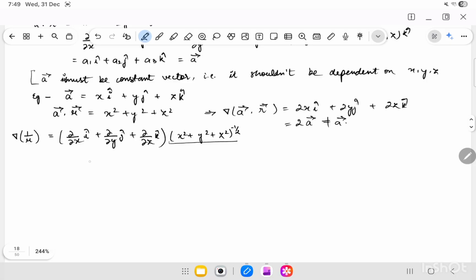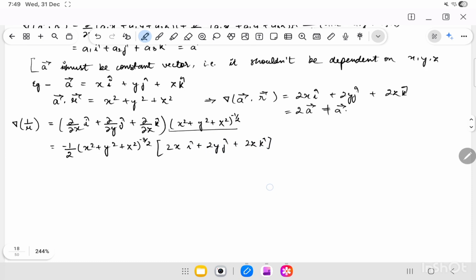So if I evaluate it, it will be equal to minus 1 by 2 times (x square plus y square plus z square) raised to minus 3 by 2, times 2x i cap plus 2y j cap plus 2z k cap.